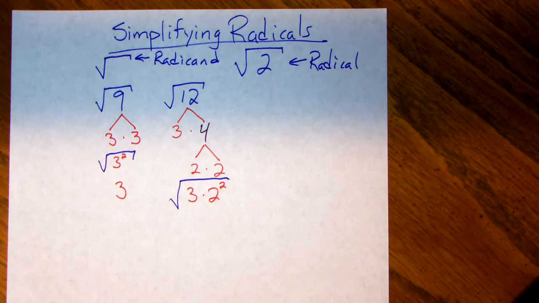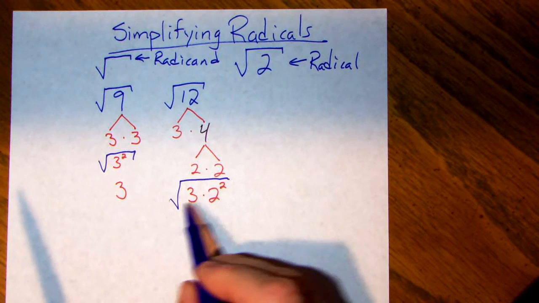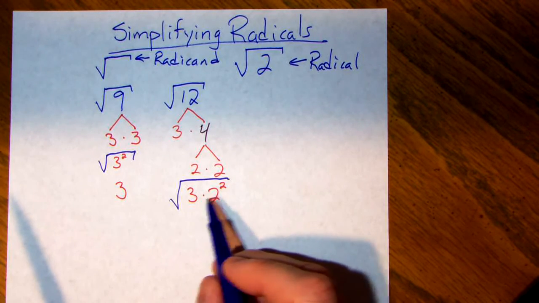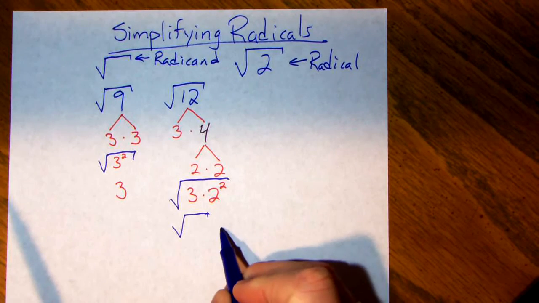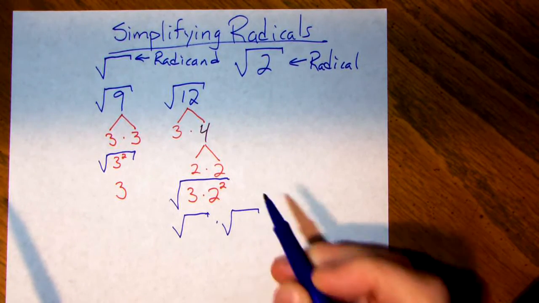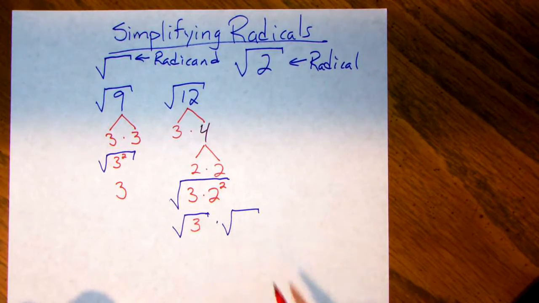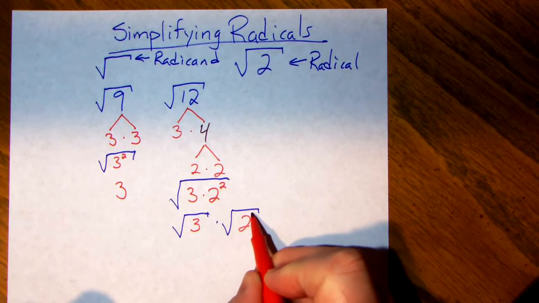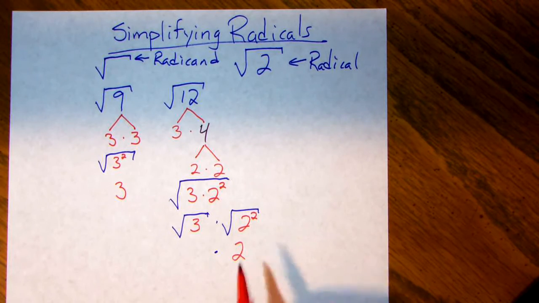One of the things we learned about radicals when we were working with them before is that if you have multiplication underneath a radical or division underneath the radical, you can split this up into 2 separate radicals, where each one has one of the factors in it. Which allows us to say, all right, square root of 2 squared, I know that's 2.